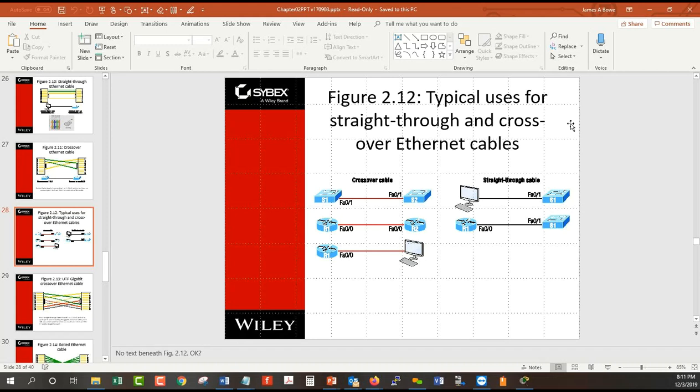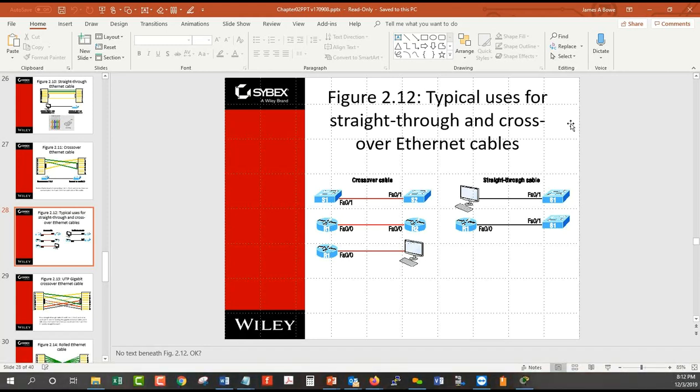We use either a crossover for switch to switch and for router to router or router to PC. Now, one of the things that I want to say here is that this is kind of old school. Most of today's devices, routers and switches, are auto sensing. In other words, they're able to figure out whether or not they need to be crossed or uncrossed, straight through or crossed.